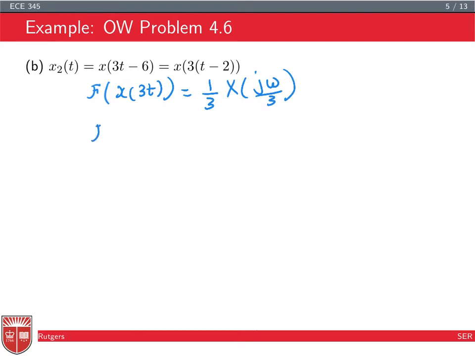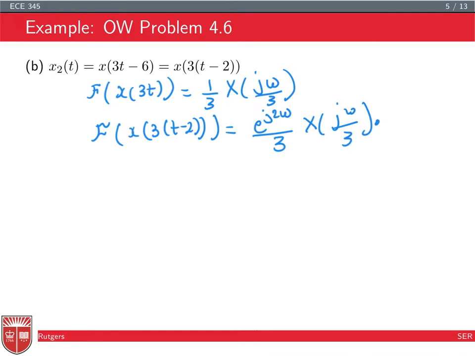And then when you do the shift by 2, it's going to be e to the j 2 omega over 3 times x of j omega over 3, and this is x2 of j omega.